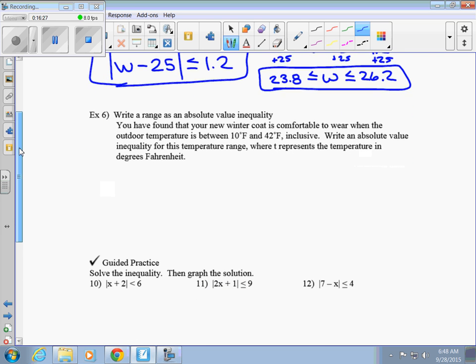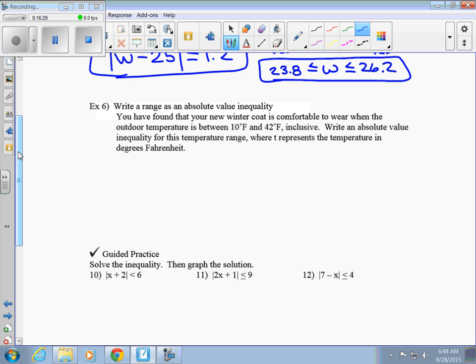So let's jump down to question 6. It says write a range as an absolute value inequality. Say, all right, you have found that your new winter coat is comfortable to wear when the outdoor temperature is between 10 degrees Fahrenheit and 42 degrees Fahrenheit inclusive. Inclusive means in between. So anywhere in between there.